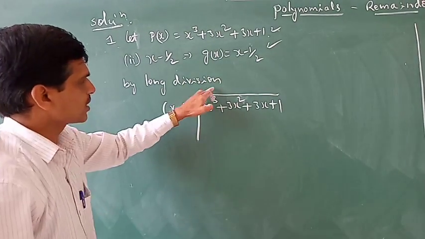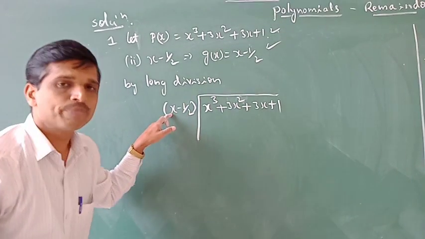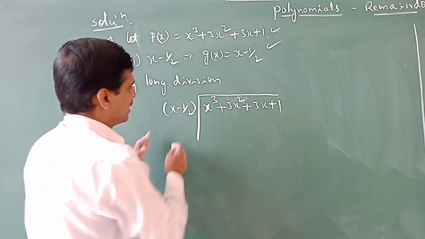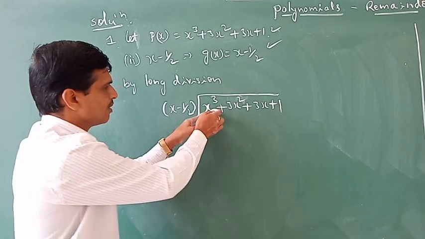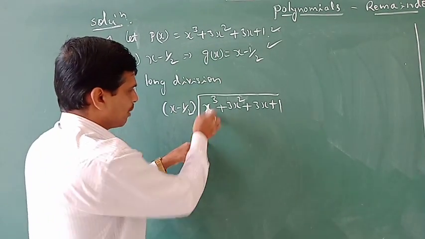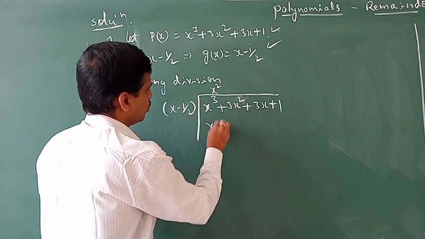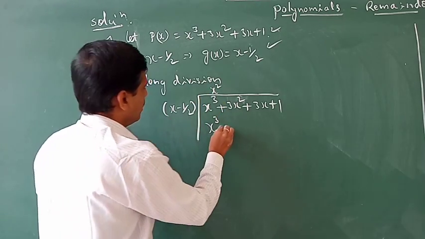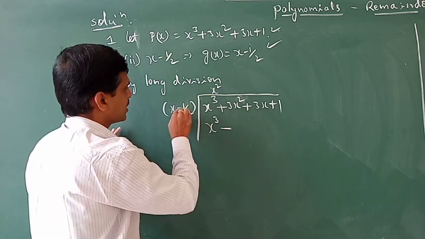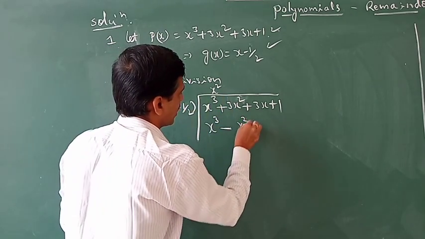The second step: first consider the first term of the quotient and the first term of the divisor. Automatically multiply, that will be equivalent to this one. Here the first term of the dividend is x cube. So in order to eliminate this one, take here x square. So x square into x is x cube. X square into minus 1 by 2 is minus x square by 2.